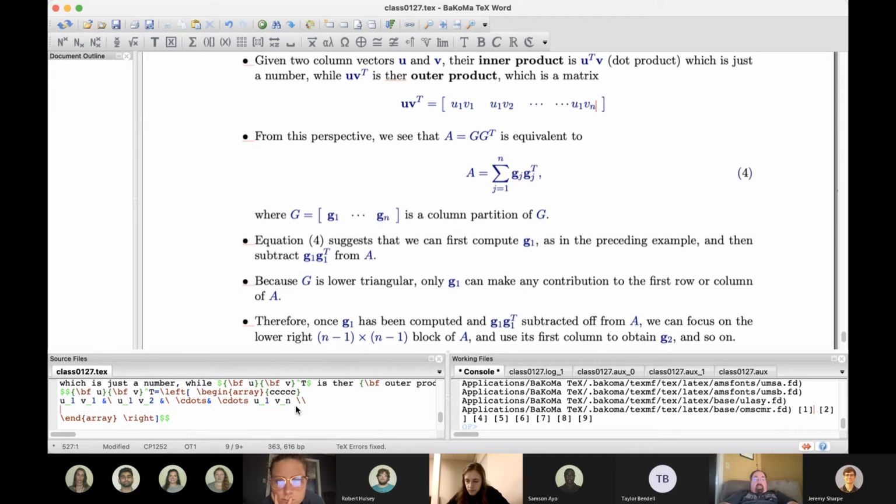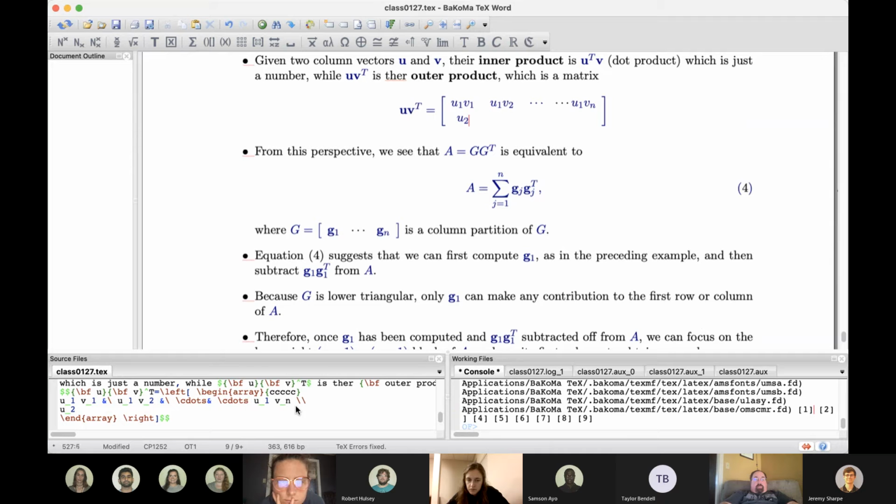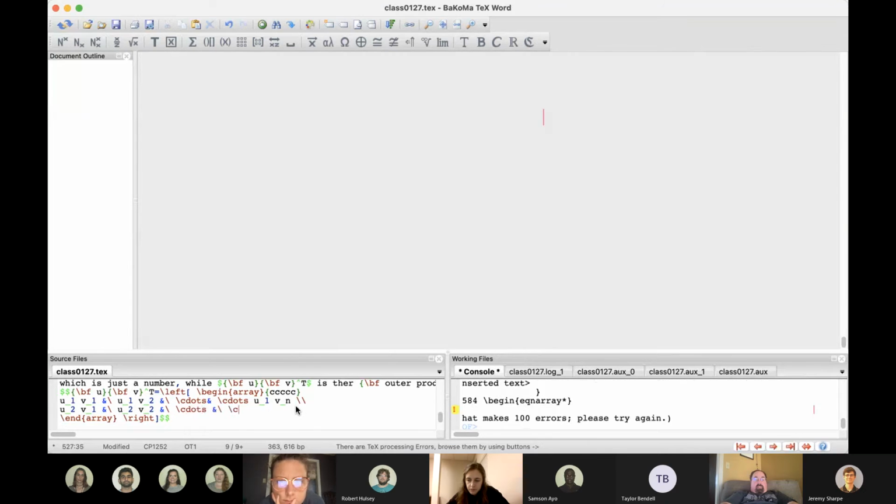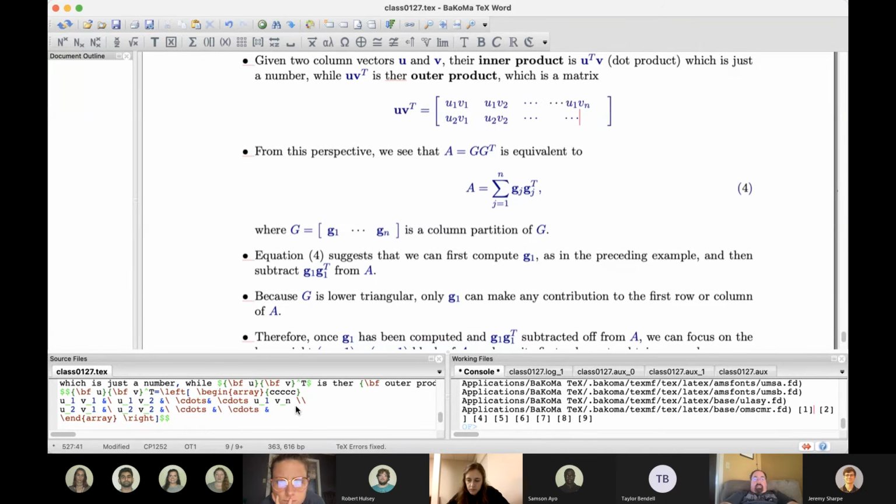Okay. So, unlike a conventional or general matrix-matrix product, in an outer product each entry is just a product of two numbers instead of a sum of products. Okay, something is wrong here.